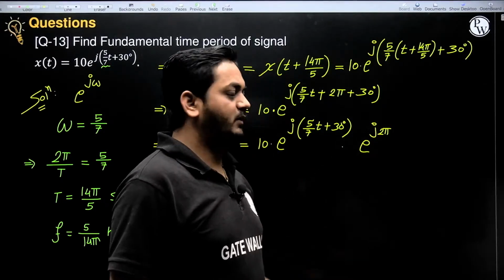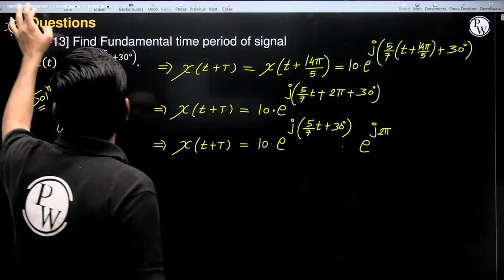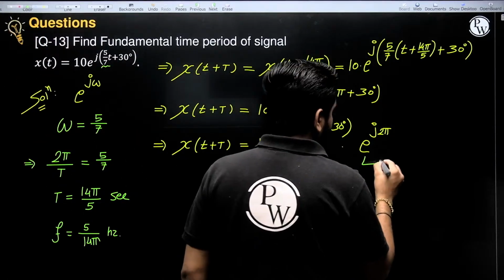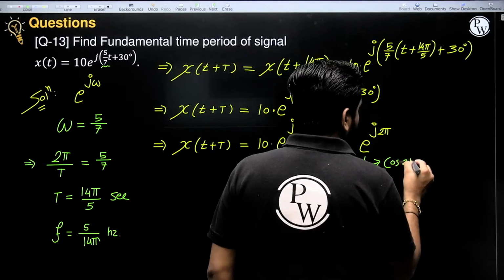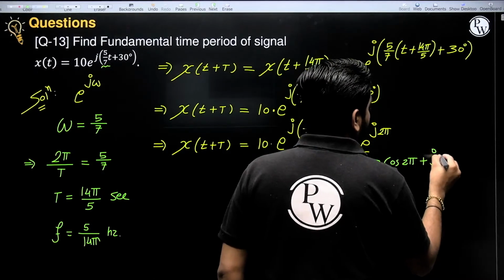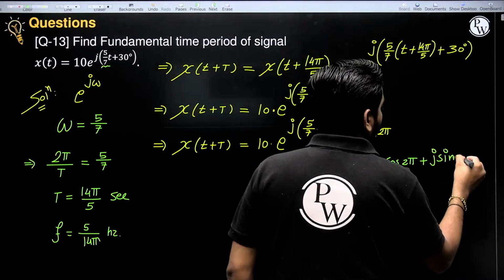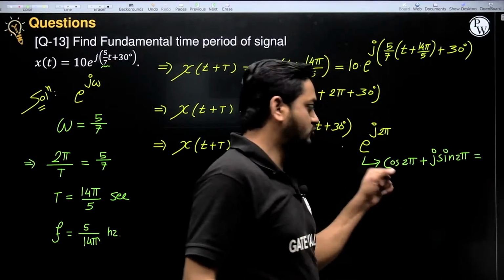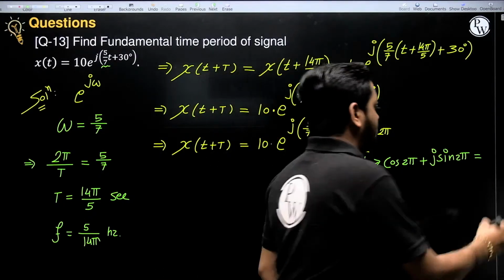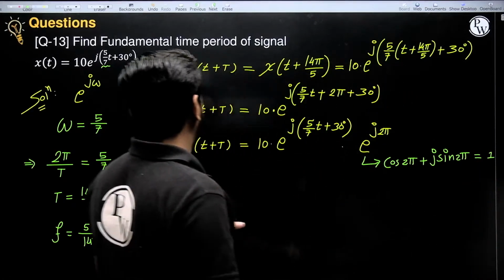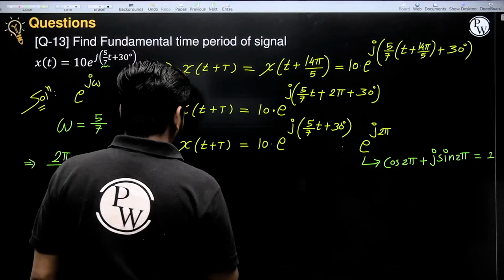Now what is e to the power j 2 pi? It is nothing but cos 2 pi plus j sin 2 pi. Now cos 2 pi is 1 and sin 2 pi is 0. So the answer is 1.